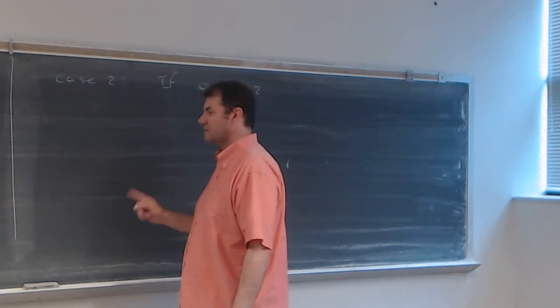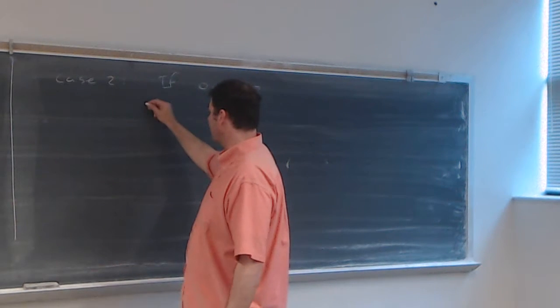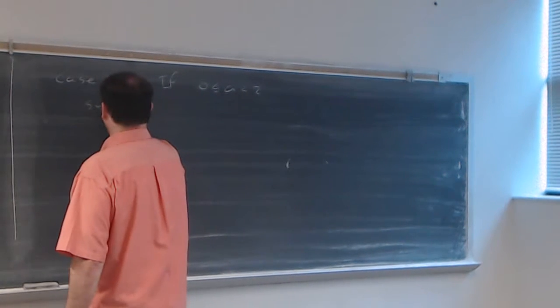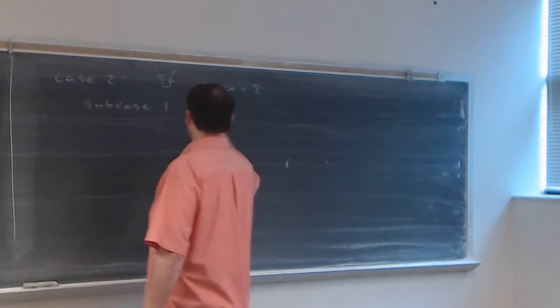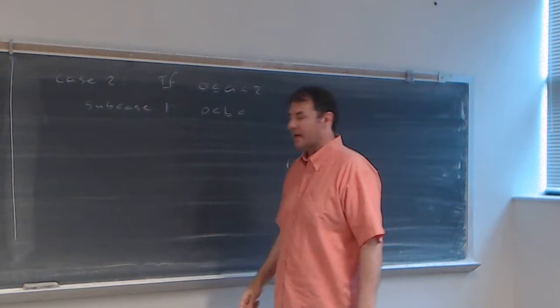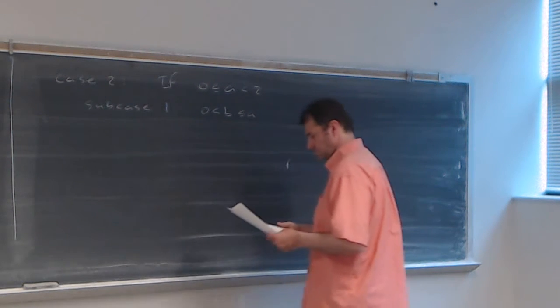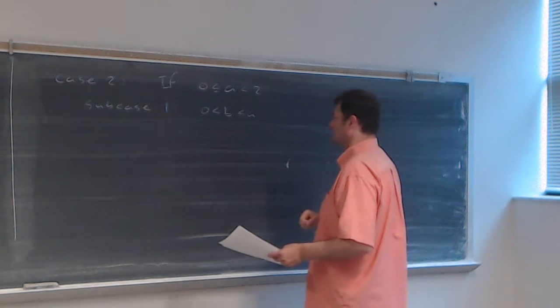But we know if B is less than 0, we get 0 for the joint CDF. So let's talk about B being bigger than 0. And so we'll have subcase 1. Here, that is, B is bigger than 0, and it turns out a case to look at is that it's less than A.